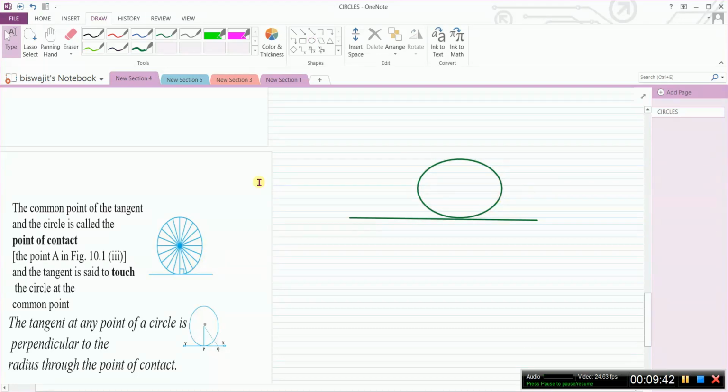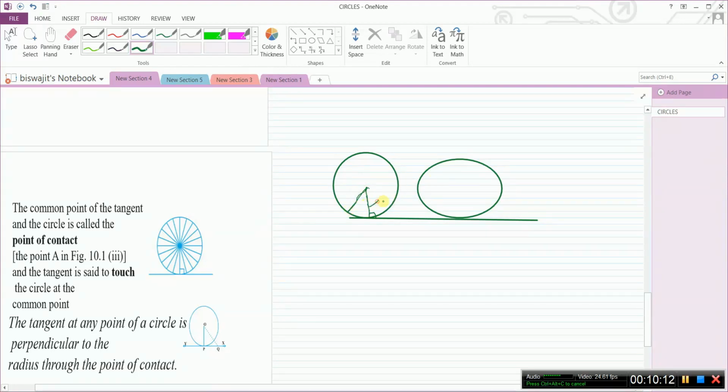Yes, the wheel is in the shape of a circle here, and these are the radii. When this wheel is moving, it is perpendicular to the path, and this is the radius when it is moving.